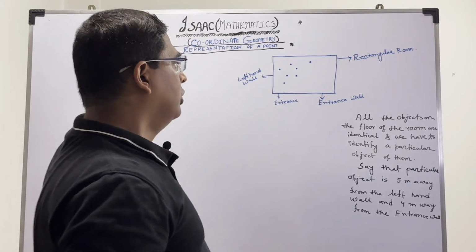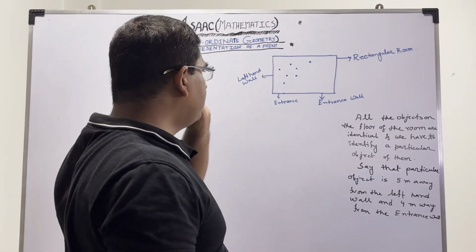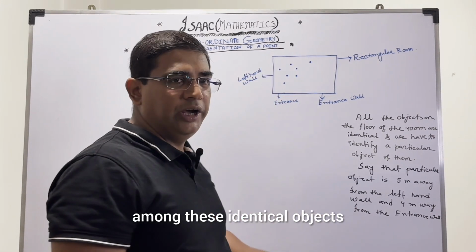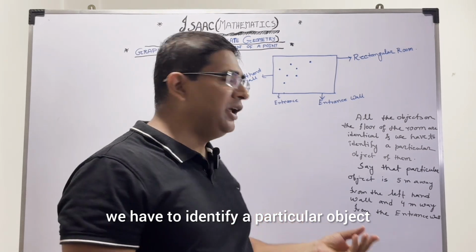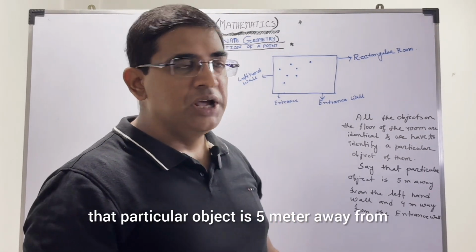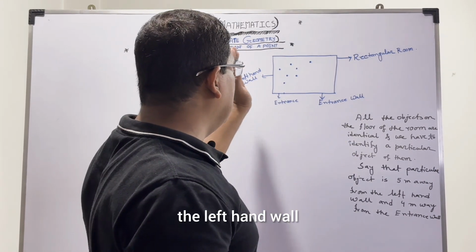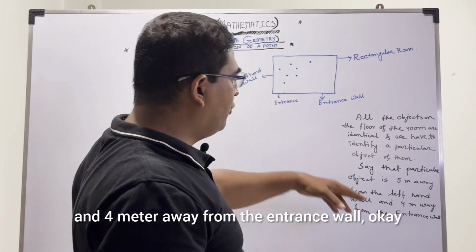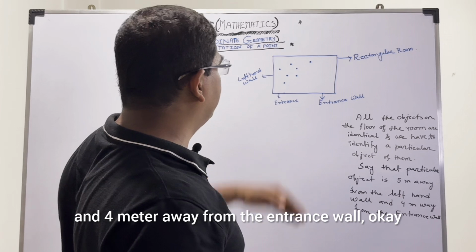So among these identical objects we have to identify a particular object. That particular object is 5 meters away from the left hand wall and 4 meters away from the entrance wall.